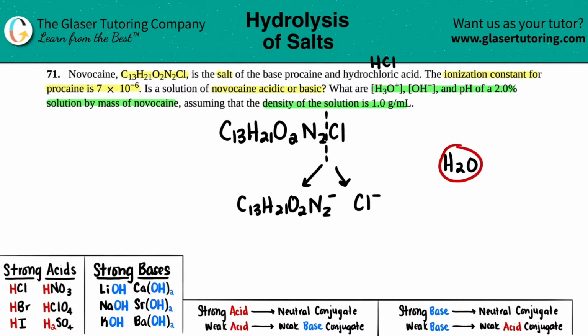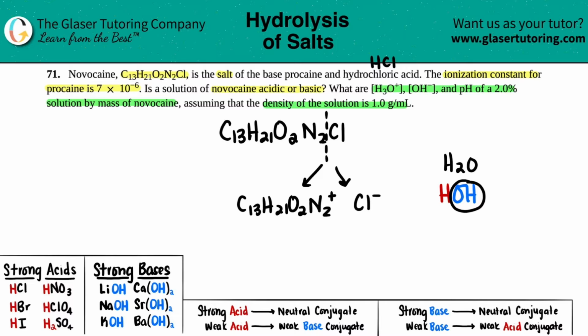If I just rearrange this, it's easier to think of water as one hydronium, which is H+, and one hydroxide, which is OH-. The H+, opposites attract, will always go with the Cl-, and the OH- goes with the plus. This should be a plus right here. I don't know why I put a negative there.